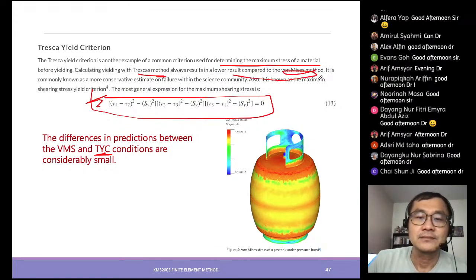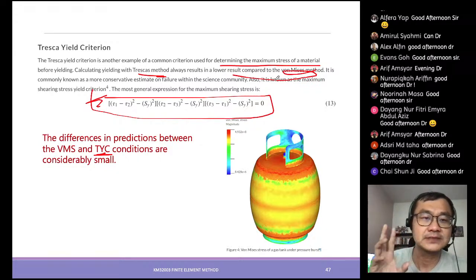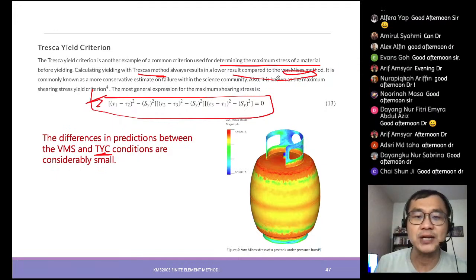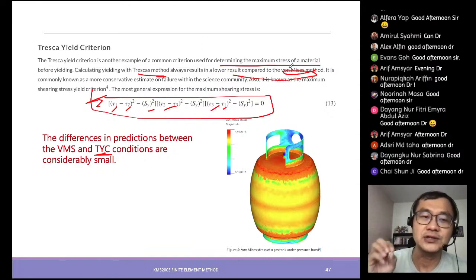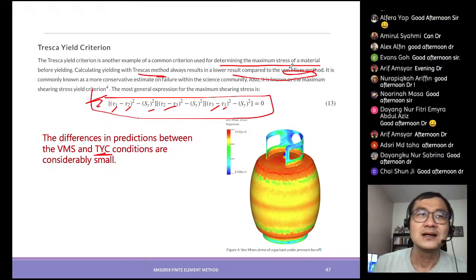So this is where different types of criterion come in: von Mises stress, principal stress. Again, principal stress is used to calculate the different criterions. That criterion will predict whether the material will behave by exceeding its limits or not.